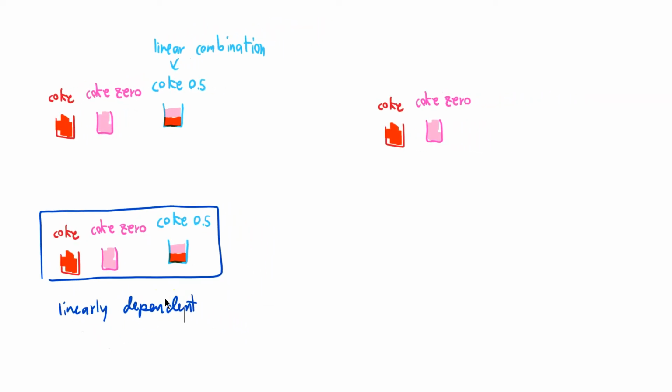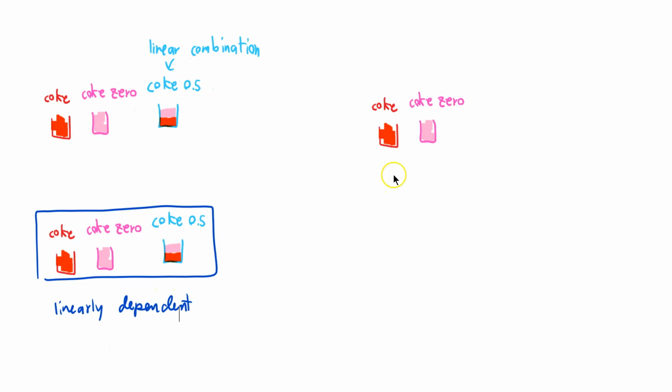Now, in the other scenario, let's imagine I have Coke and Coke Zero and one day I introduce a new product and I call that Sprite. It's totally different from Coke and Coke Zero, so this guy is not a linear combination.